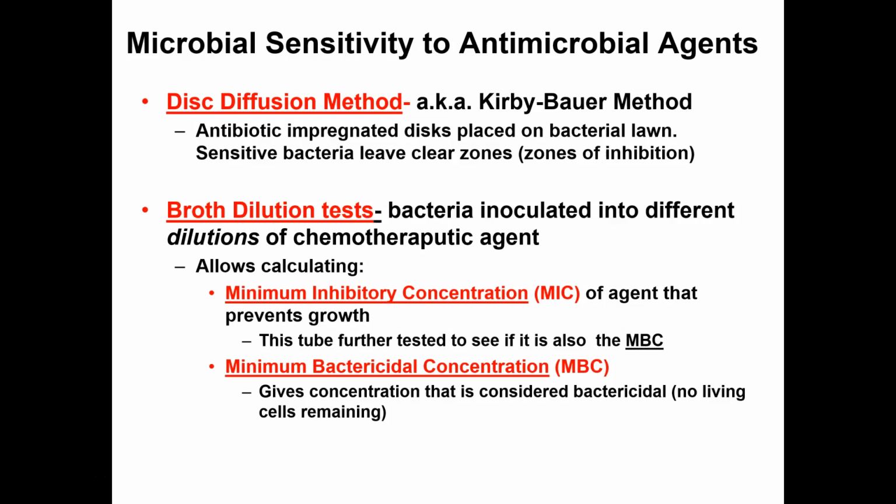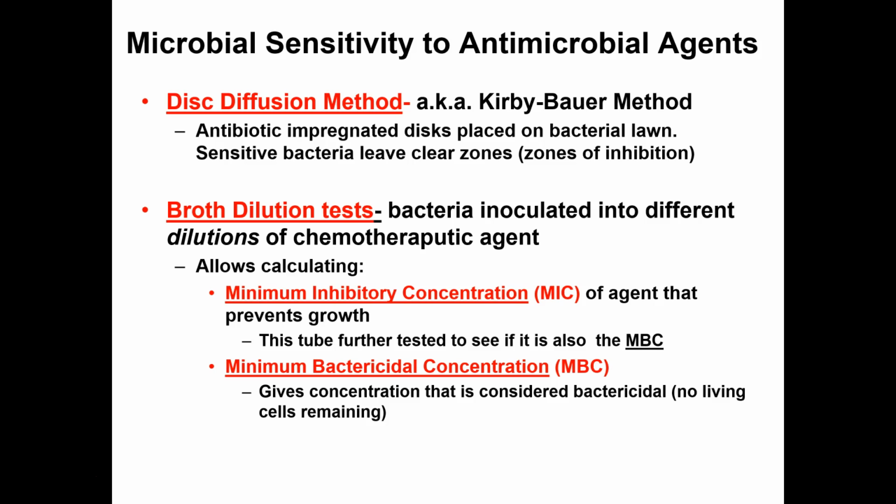Okay, you figure out which antibiotics work, which brings you to your next test, broth dilution tests. So here we get a little bit more refined. Okay, we say we know this antibiotic works, but we want to know exactly what concentrations are effective. Fine-tune it. So you can calculate things like minimal inhibitory concentration or minimum bactericidal concentration.